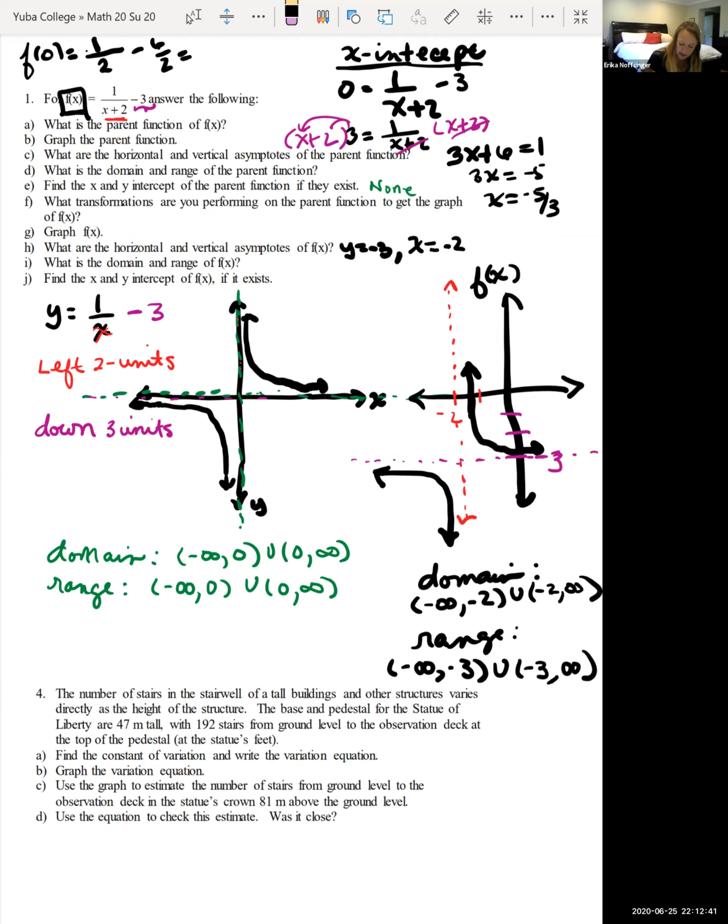And this is equal to negative 5/2, which is equal to negative 2.5. So in between right here. Okay, so we found the x-intercept and we found the y-intercept.